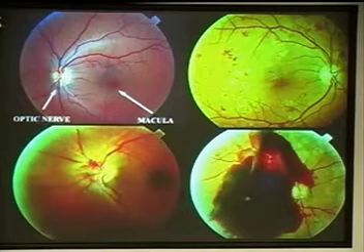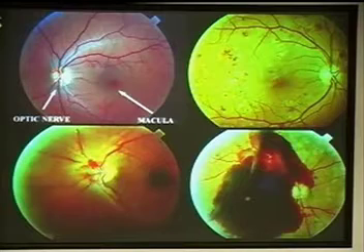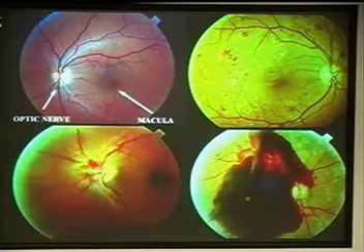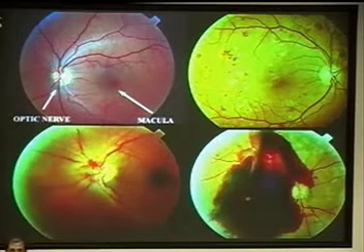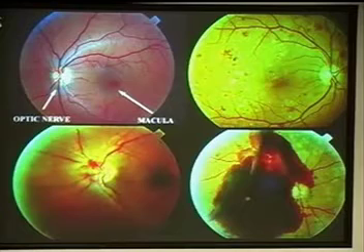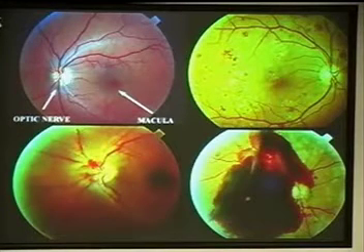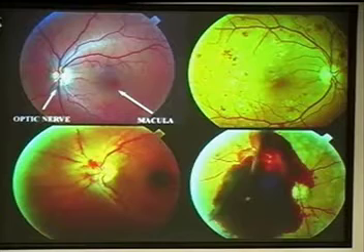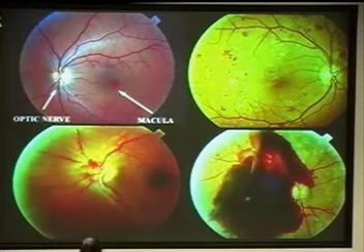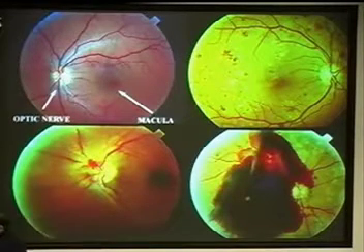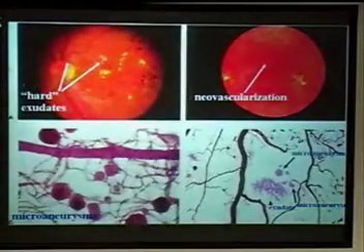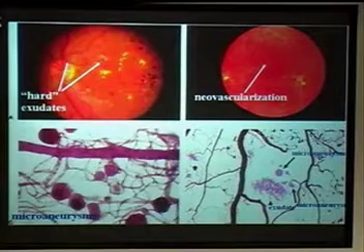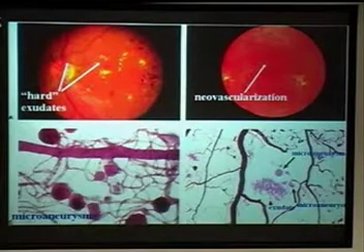And then here are your microaneurysms, but you have to be very careful. Remember I said, do you have to have non-proliferative before you have proliferative? No. It can be so bad that all of a sudden you just have massive hemorrhage. Bottom right: that particular individual has gone blind. Hard exudates, microaneurysms, non-proliferative, proliferative.